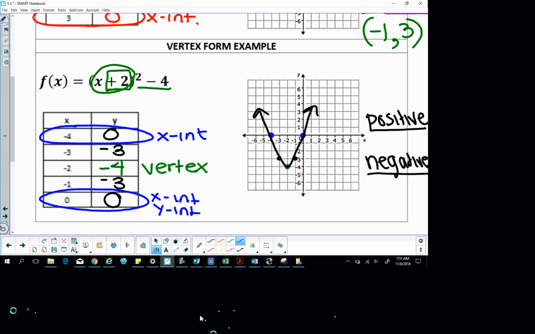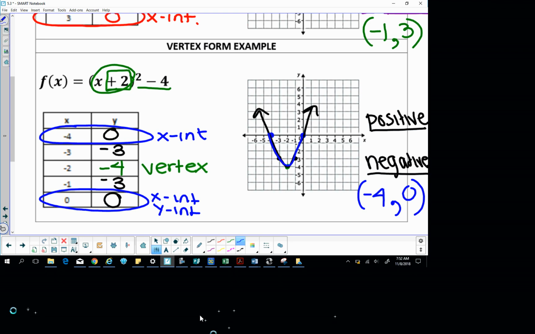And so, even look here, right? We could see, when are the y's negative? All of these y's are negative, right? And so between which two x values are they negative? What's this x value right here? -4. So between -4 and 0. So those parentheses mean it's below that because 0 isn't a negative number.